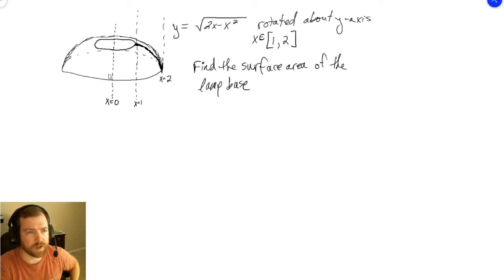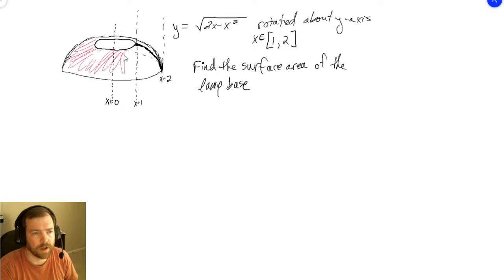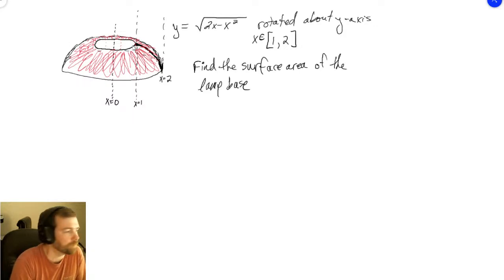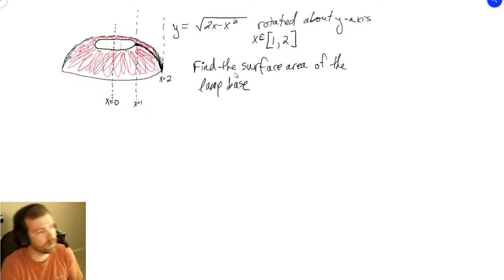What we want to be able to do is to paint or color this base of the lamp that goes all the way around.